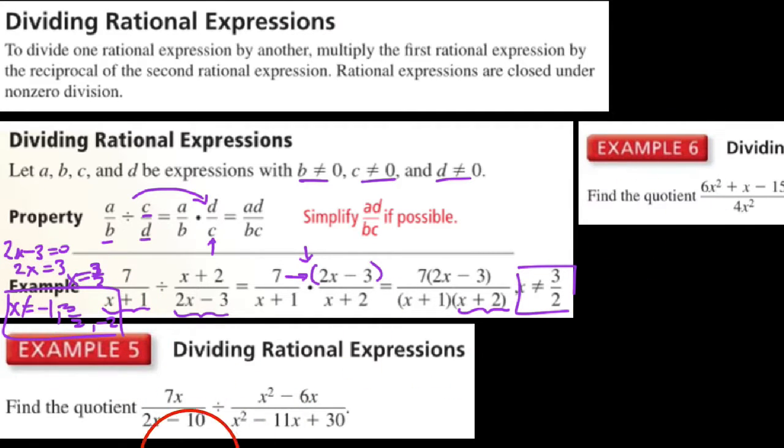So let's take a look at a couple of examples of our own. You can try some on your own, but let's break it down into a process.